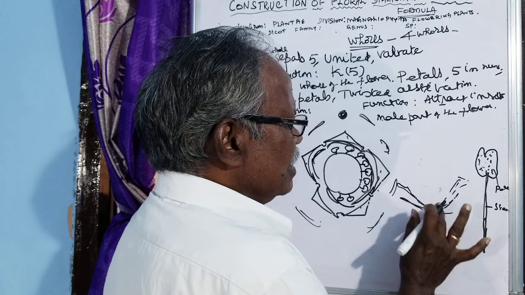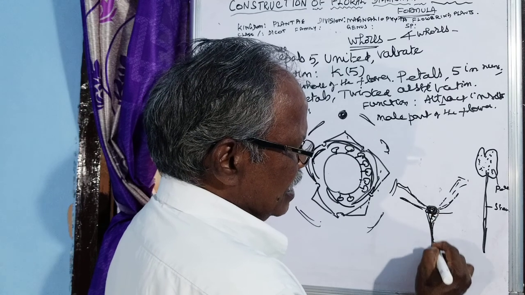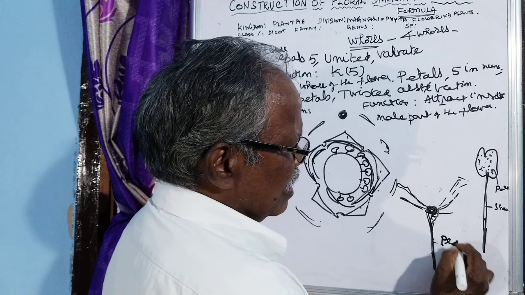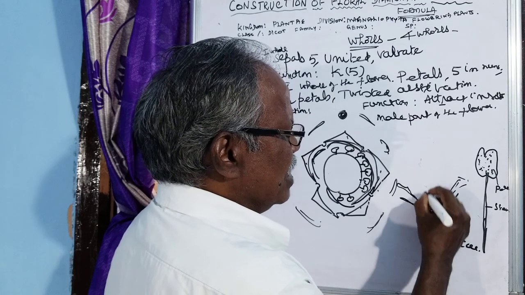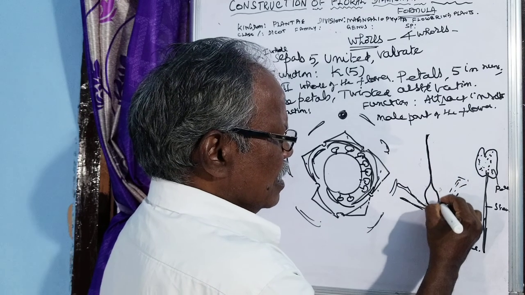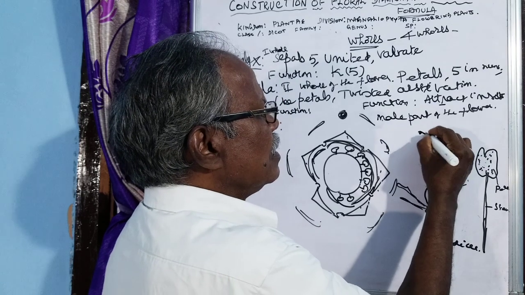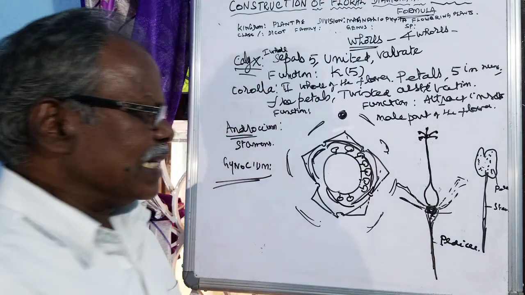Now this is the thalamus, and this is the pedicel, over which there are 3 parts. So this is style, stigma, ovary.